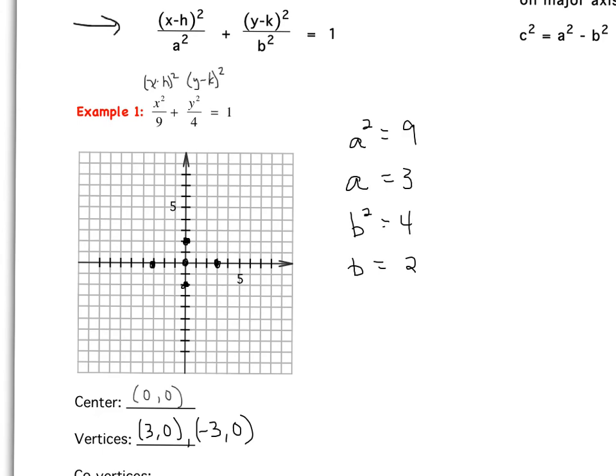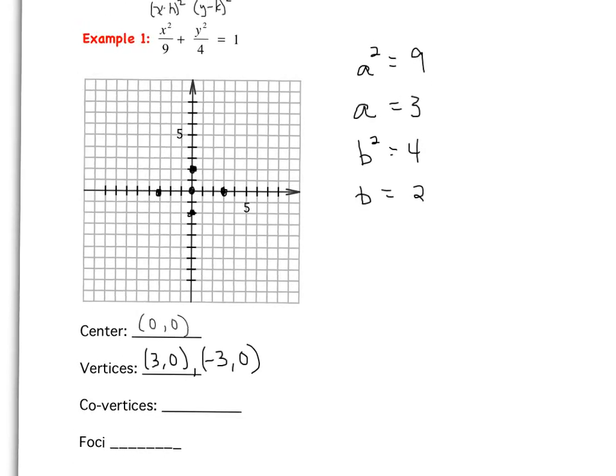So then let's move down and write those in the space provided. So our co-vertices are at 0, 2, and at 0, negative 2. We can now sketch in our ellipse, and we see the longer axis, the major axis, is on the horizontal, and the shorter minor axis is on the vertical.